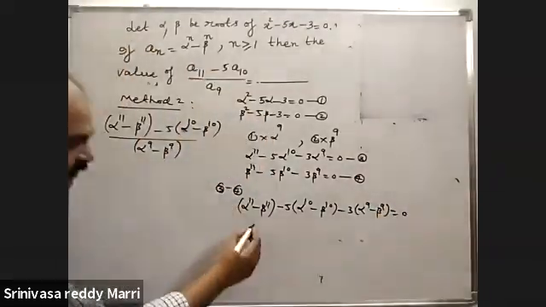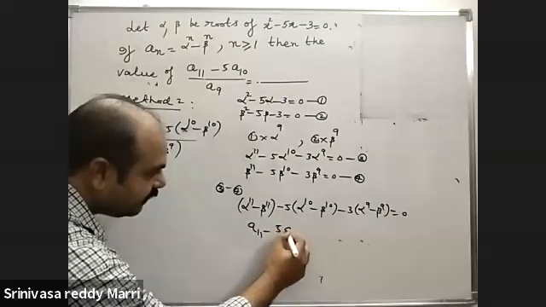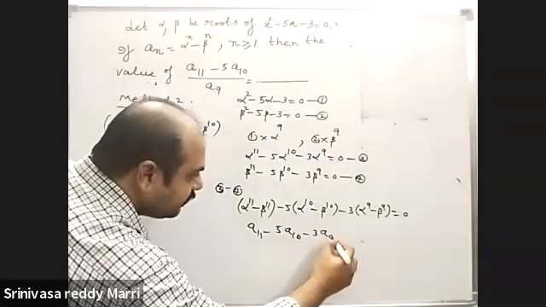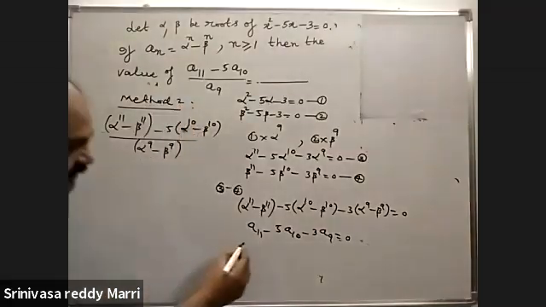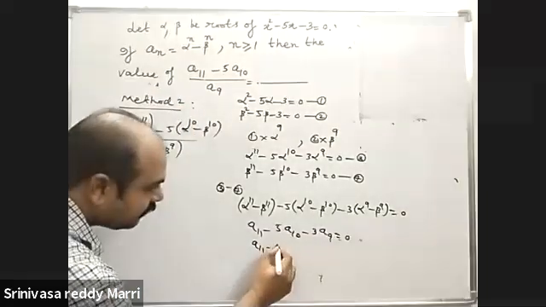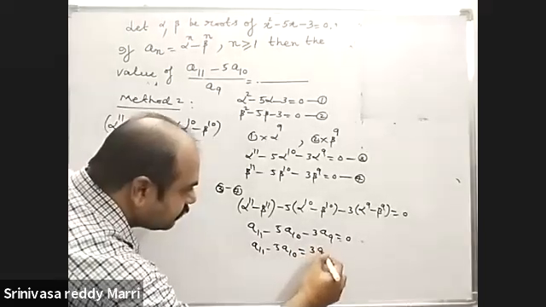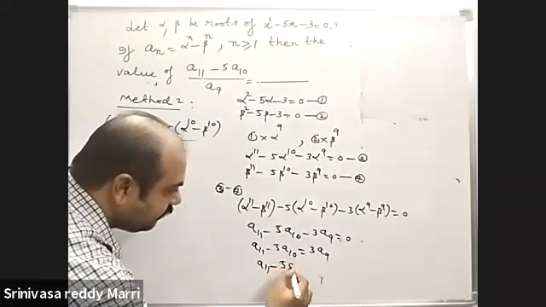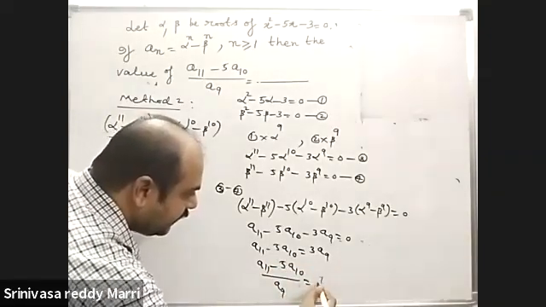Now this is a_11, minus 5 times a_10, minus 3 times a_9. What is our required one? a_11 minus 5 a_10. The remaining bring to the RHS. So (a_11 minus 5 a_10) divided by a_9 equals 3.